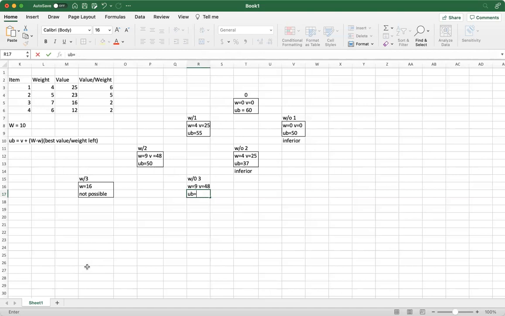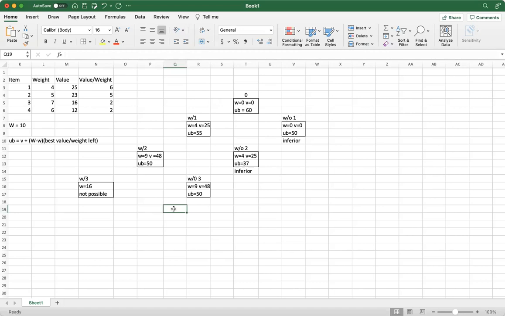Okay, so this gets us a UB of 50. Okay, and since the other one is not possible, that's the one that is superior. Okay, so this is not possible. So we now know we're going to have the 1 and the 2, but not the 3 as our best options.